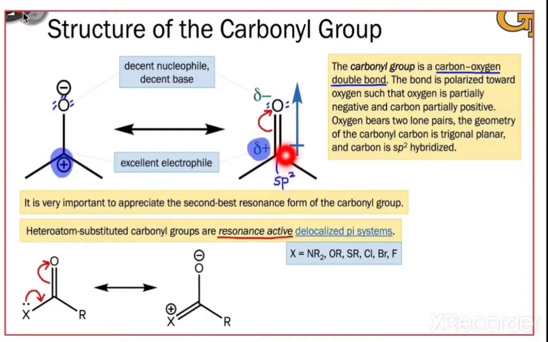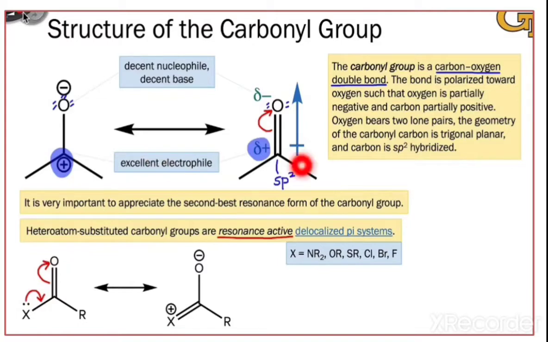Now if we delocalize this, or if we consider the polarization of this carbonyl group, this bond will shift here. That means here a delta plus, here delta minus, and after resonating, here plus charge and here minus charge.